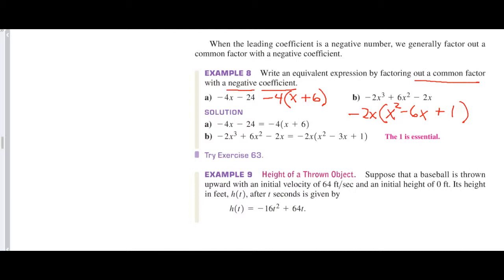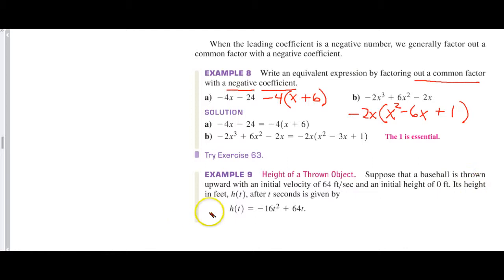Okay, example 9 is the height of a thrown object. Suppose that a basketball is thrown upward with an initial velocity of this and an initial height of 0 feet.